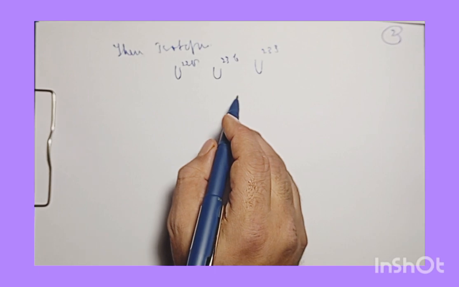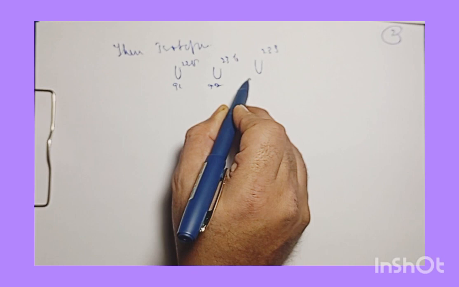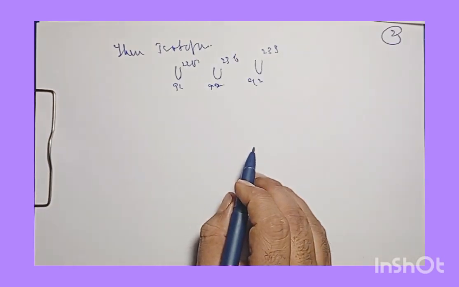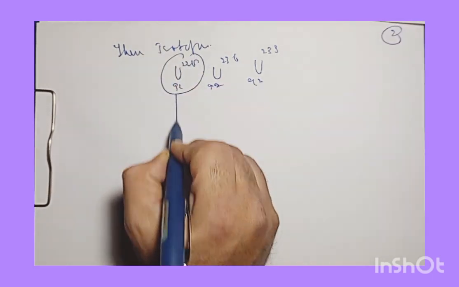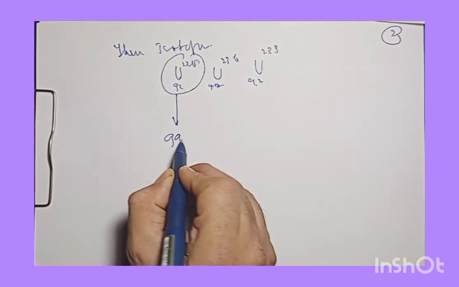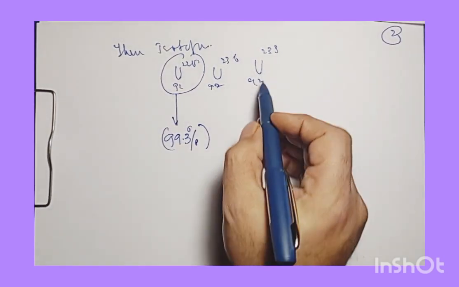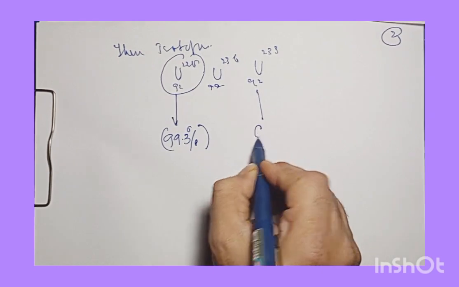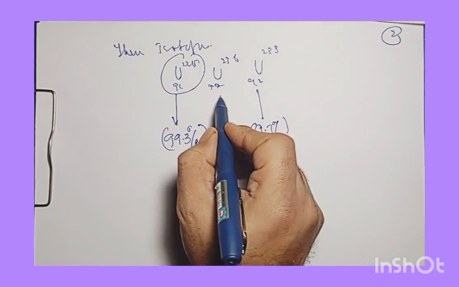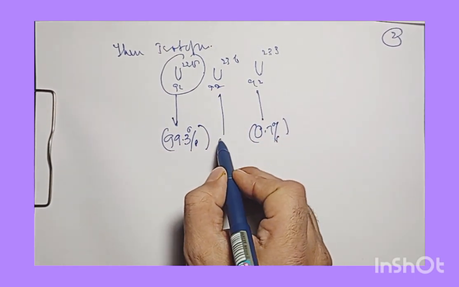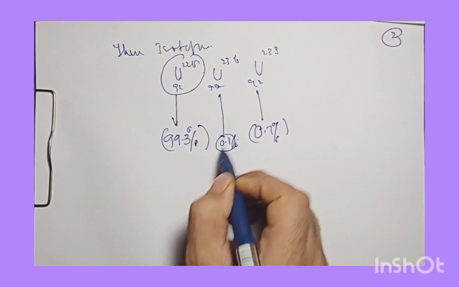They all have the same atomic number, 92. Out of these three, uranium-238 is in abundance, nearly 99.3% available. Uranium-235 is nearly 0.7% available, and uranium-236 is very rare, less than 0.1%.